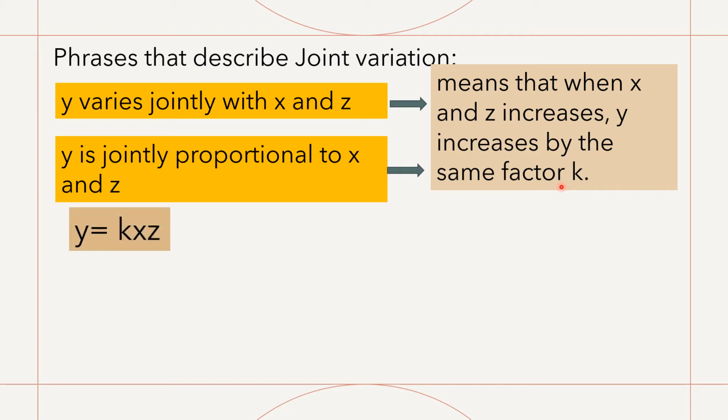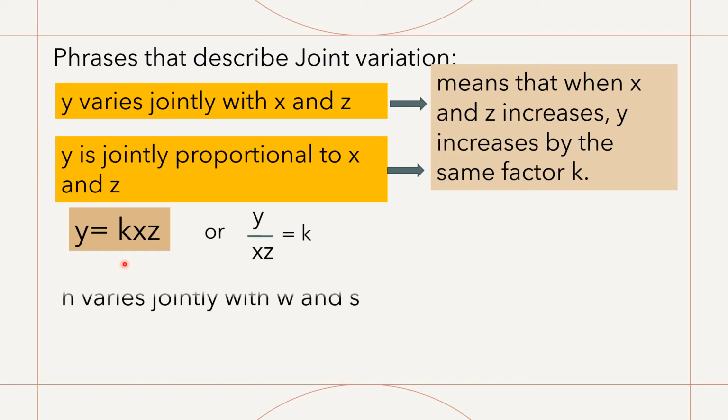Now, this is the equation. How to write it? The equation is y is equal to k times x times z. Take note of that. Or, to solve for k, that is y over x z.